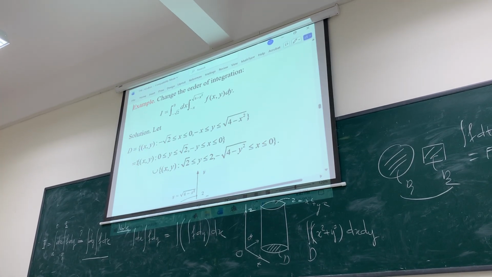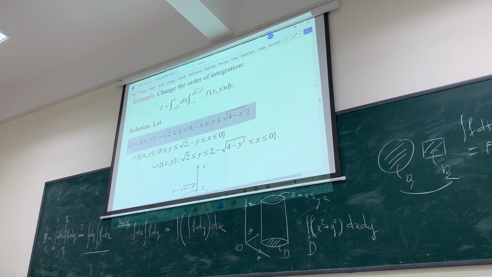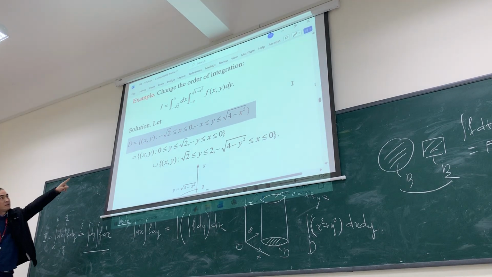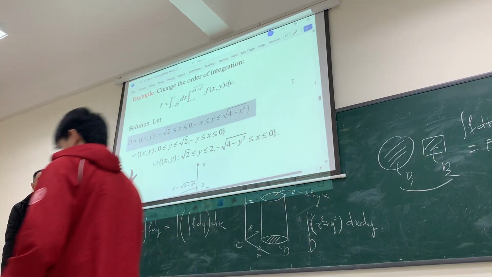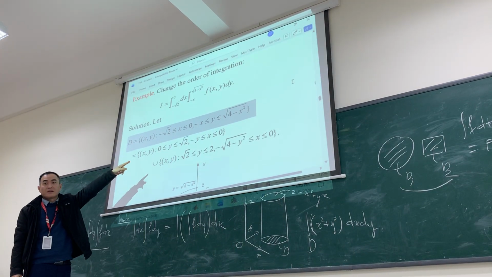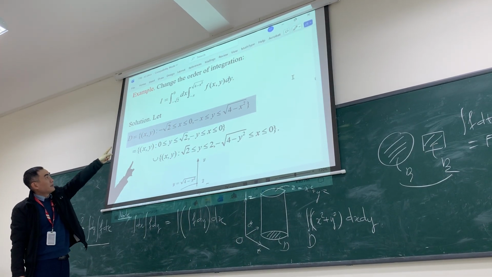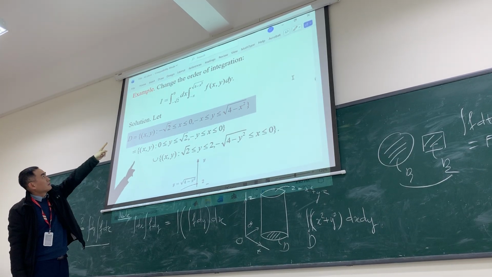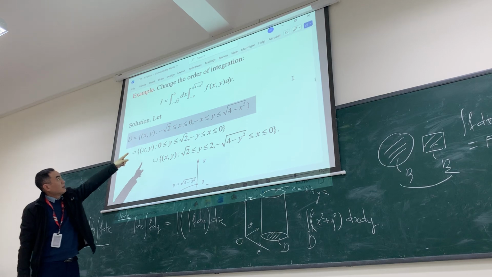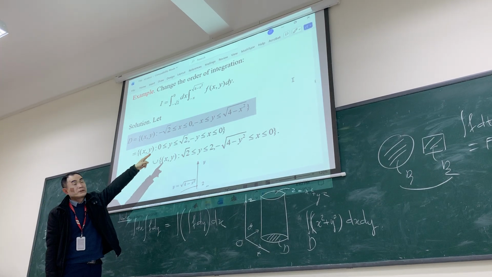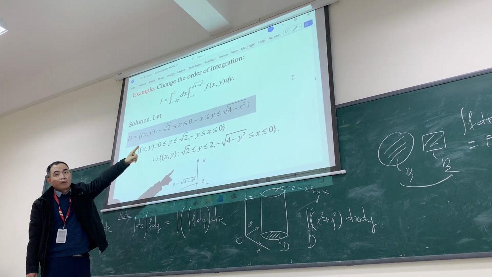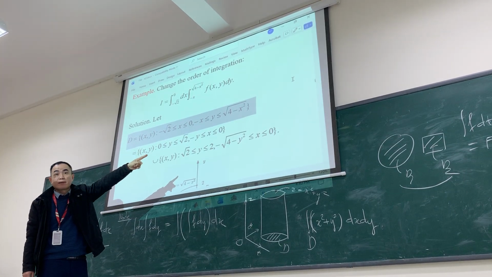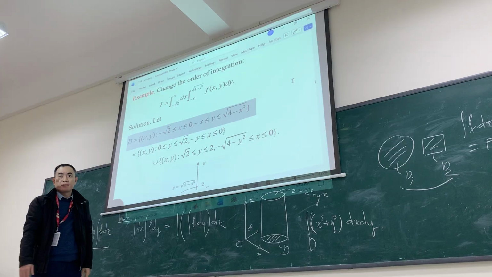So we can express domain D by this. D contains all points (x, y) such that x belongs to negative square root 2 to 0, and y is between two functions, minus x and square root of 4 minus x squared.